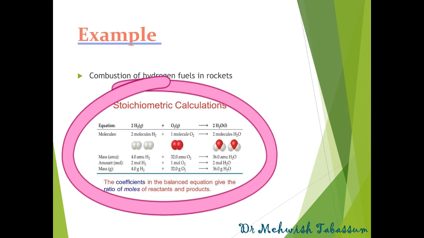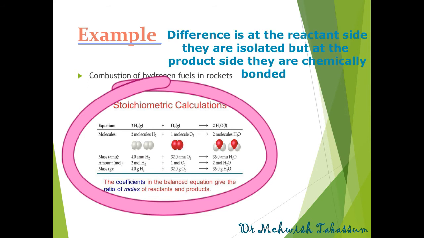By the combination of two elements, hydrogen and oxygen, we get a valuable product in the form of fuel, that was water. The only difference is that on the reactant side, both the elements were isolated, while on the product side, they are chemically bonded and hence transform into a useful product. So this is how stoichiometric calculations are actually related to the law of conservation of mass.